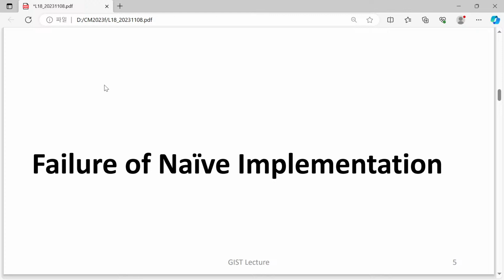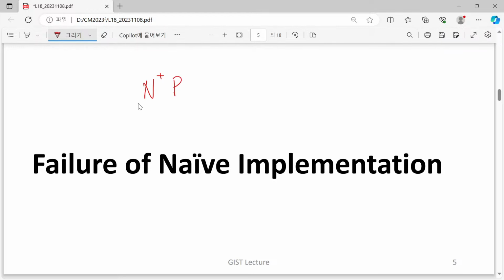For example, for n-type you can try 10 to the 20, and for p-type you can try 10 to the 17, 18, anything. Also, you can swap the dominance between n-type and p-type. Instead of an n plus p junction, you can also consider a p plus n junction.